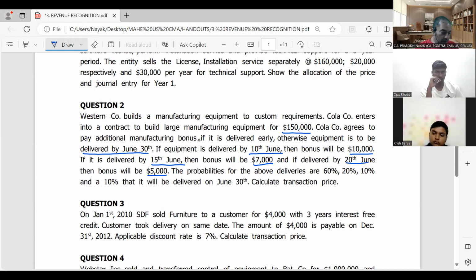Now, this is a question on what? Which part of the revenue we see? It is variable consideration. Yesterday we were talking about variable consideration. Probabilities for the above deliveries are given 60%, 20%, 10%, and a 10% that it will be delivered on June 30th.